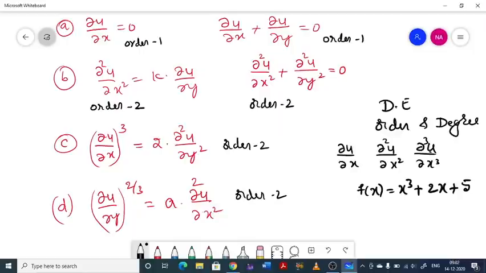Order we directly see, but degree you cannot determine directly. If you have any fractional powers, then you have to remove those fractional powers, then check the degree. So the same concept is applied here. You have only one term, which you can imagine as dou u by dou x whole power 1. So the degree of this equation is 1.